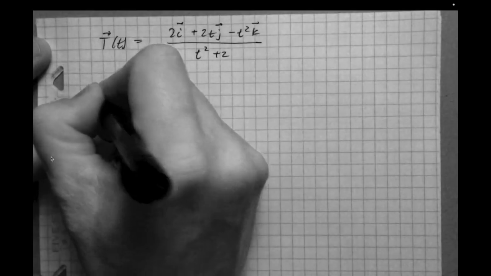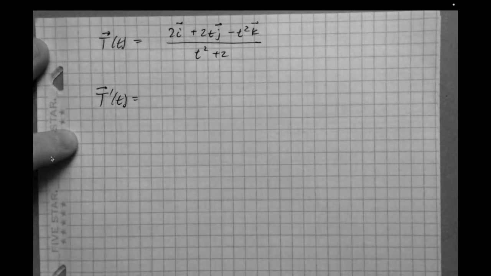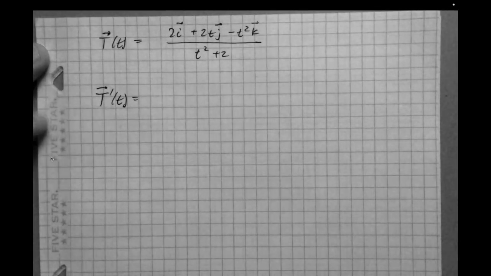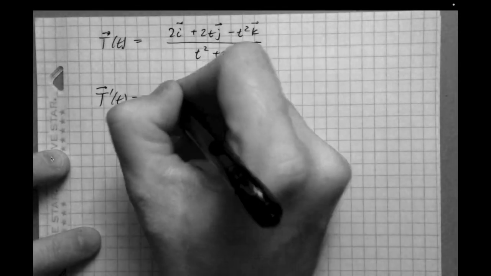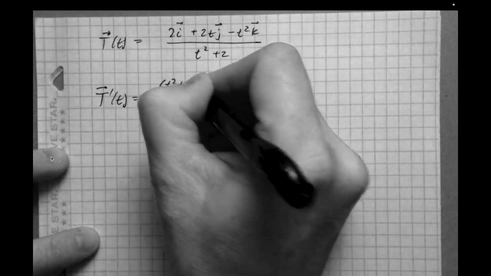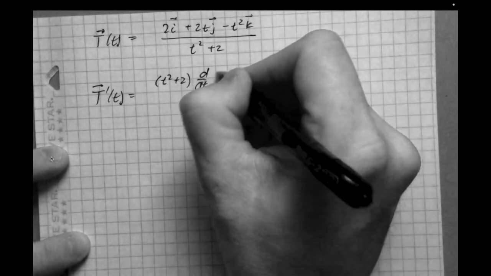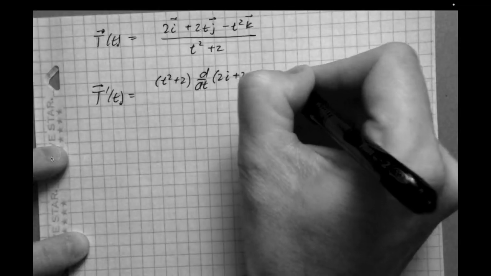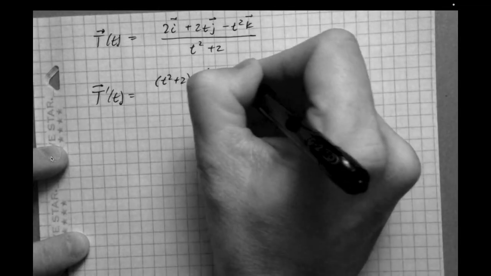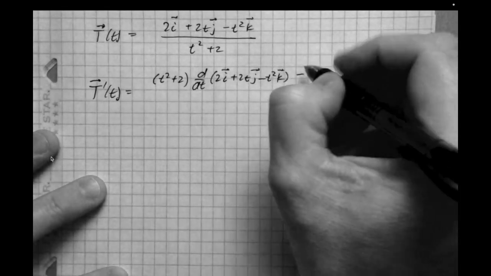to calculate this derivative. So we'll do kind of the low d high minus high d low, divided by low squared. So it'll be low, that's the t squared plus 2, times the derivative of the top function. Okay, so you've got to remember you've got a vector here, minus high d low, right?